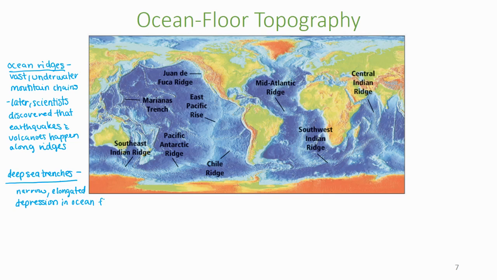This map shows the ridges and the trenches. The ridge that we focus on the most in this class is the Mid-Atlantic Ridge, and the trench that we are going to talk about is the Mariana Trench.